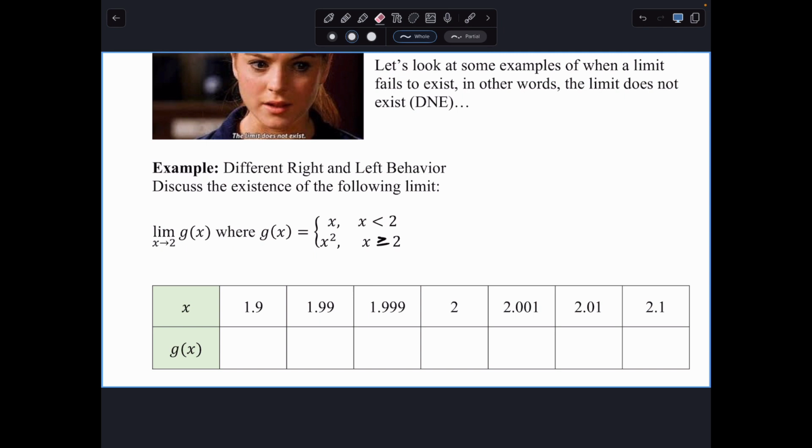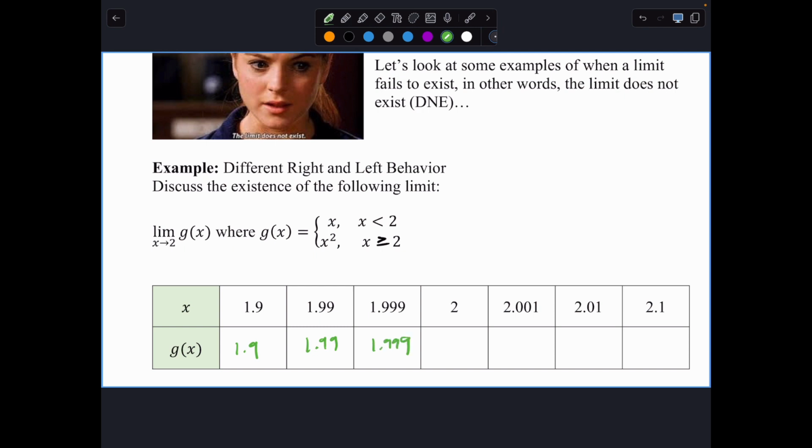And then it's easy to go over to the table and fill in. I've given us the x values, although you could technically do this one in your head, right, whenever the function is x, the identity function: 1.9, 1.99, 1.999.